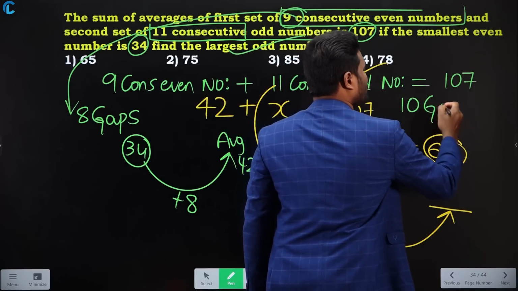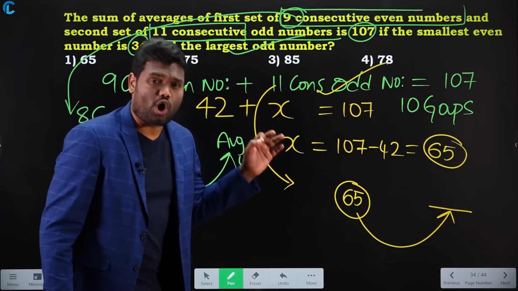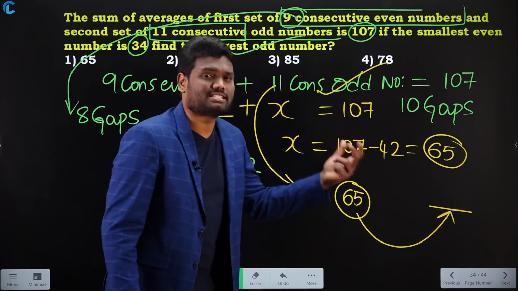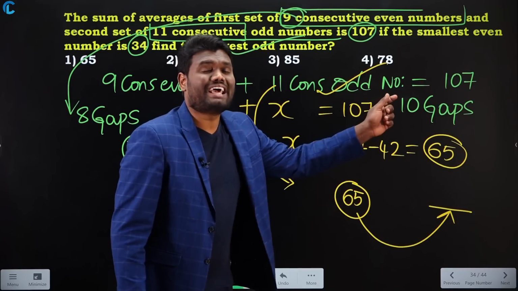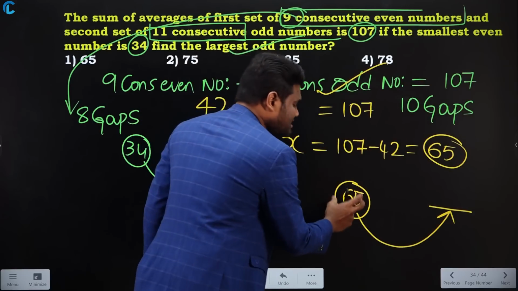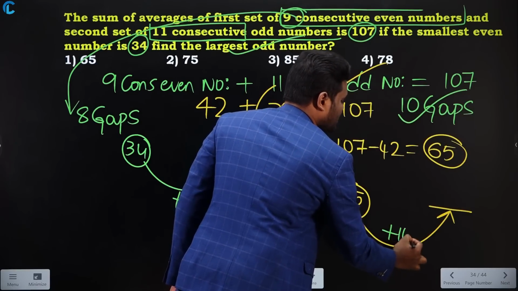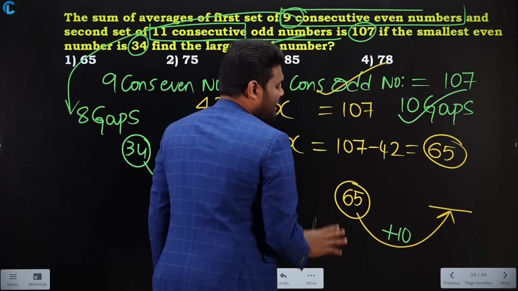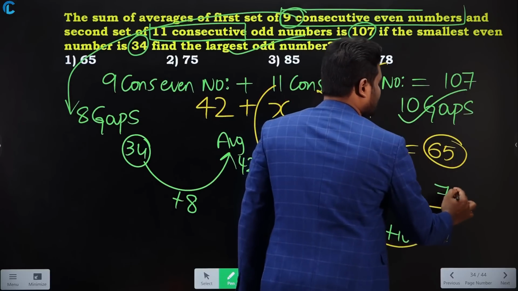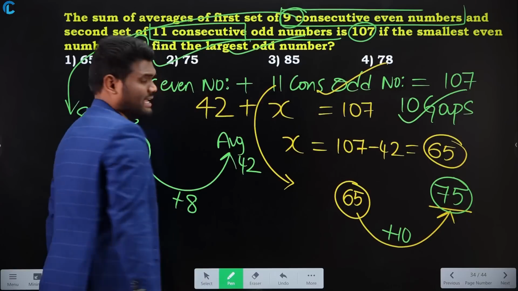As it is odd numbers, if you need to find the highest number, what you need to do is directly add the number of gaps. That is what I have told you. As average is 65 and number of gaps is 10, directly add 10. 65 plus 10, we can say that answer is going to be 75. So answer for this question is 75.